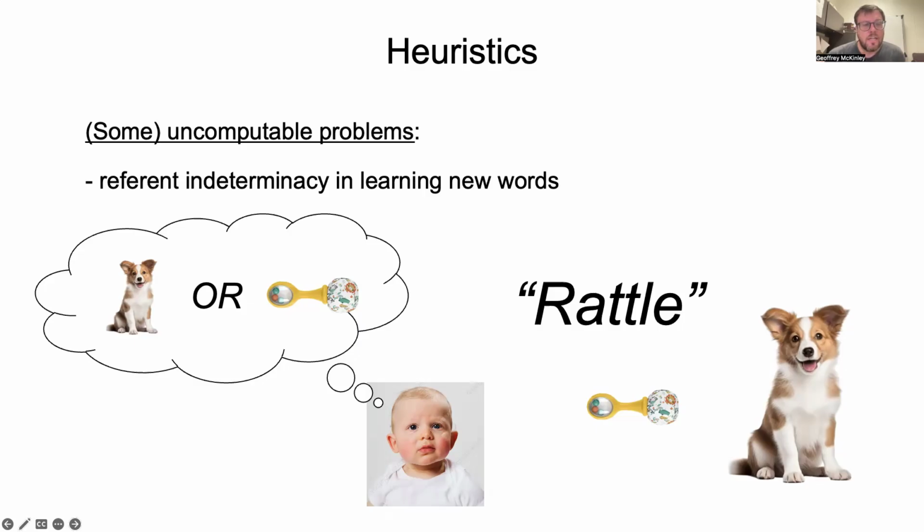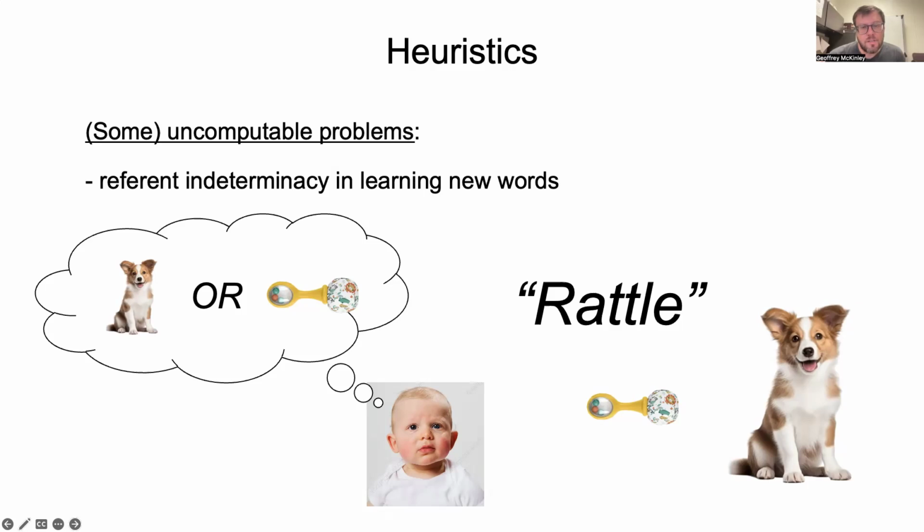So if a toddler sees a rattle and a dog, and it knows that the dog is a dog but doesn't know rattle, it's still a problem because it's still ambiguous. What does rattle refer to? Does it refer to this new thing that I'm seeing, or is it another word for dog? It could be another word for dog.